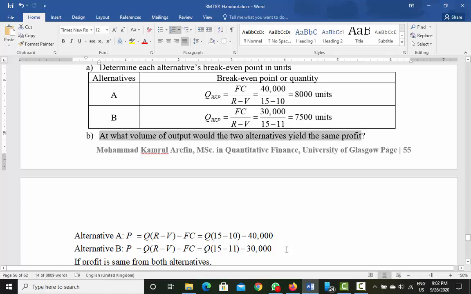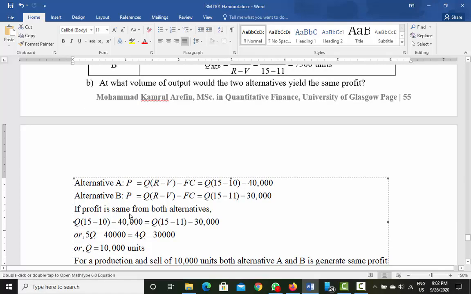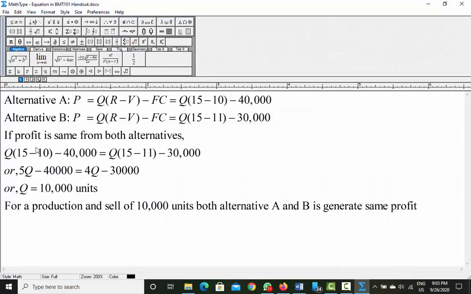As I said, at what volume of output would the two alternatives yield the same profit? That means what value of Q should give us the same profit from both alternatives. So profit from alternative A and profit from alternative B will be the same, so this expression will be equal to this one.